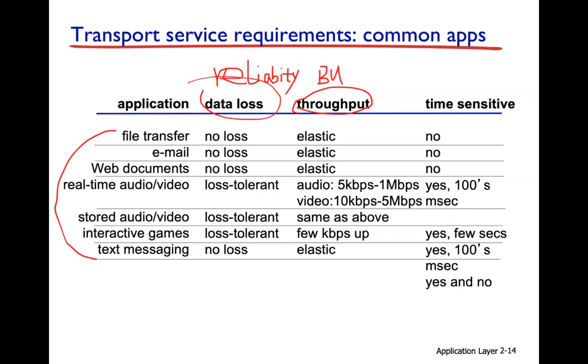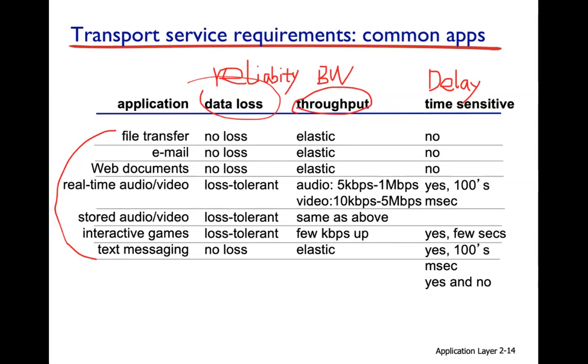So do you guarantee certain bandwidth or not? And time sensitive, sometimes we call it delay. You may hear the words delay tolerant or not delay tolerant applications. Okay, so reliability, bandwidth, and delay.